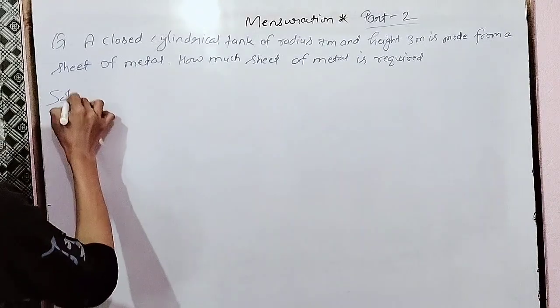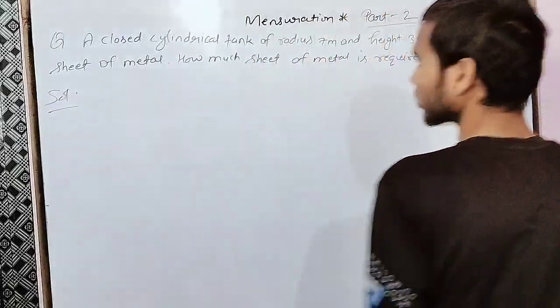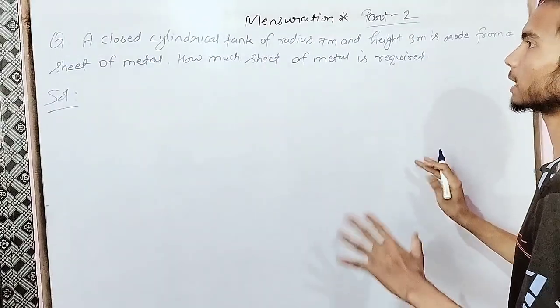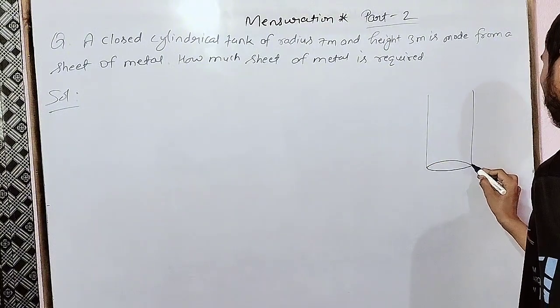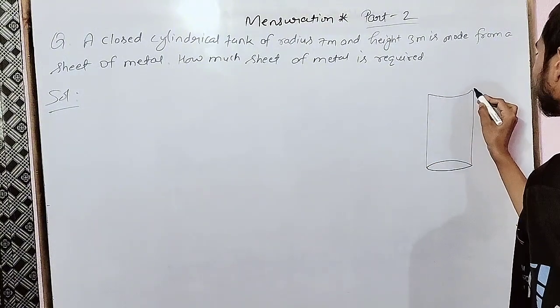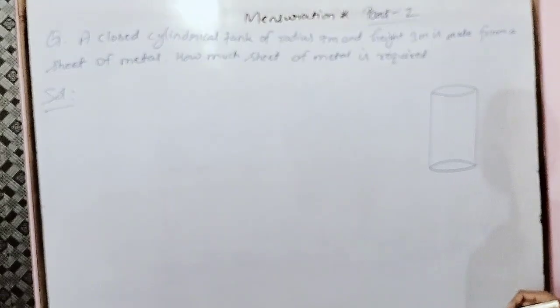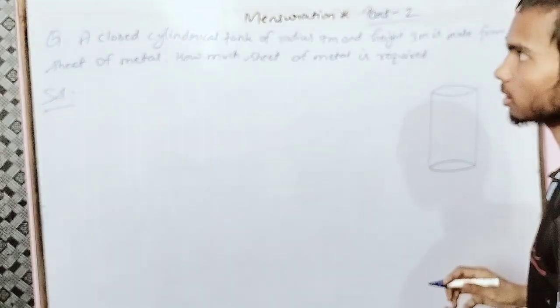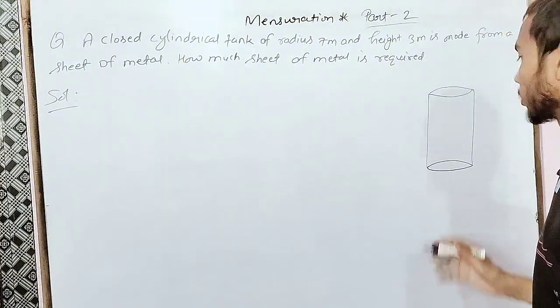Now this is the question. Let's understand it. There is a cylindrical tank which is closed. It is a closed cylindrical tank with a diameter of 14 meter.